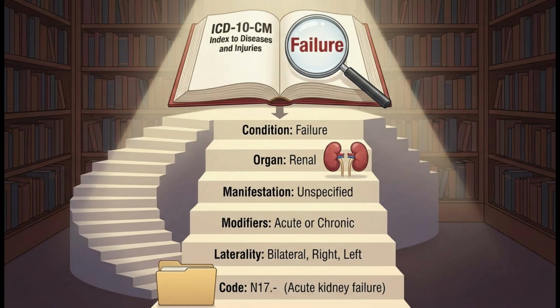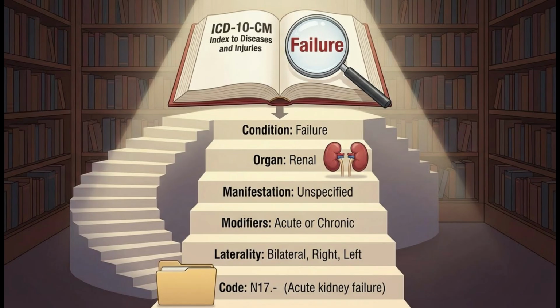If there's an effect, complication, or secondary detail, this is where it gets added. 4. Modifiers. Now you check for things like acute or chronic. These help fine-tune the code. 5. Laterality. If the index mentions right, left, or bilateral, make sure you follow that.